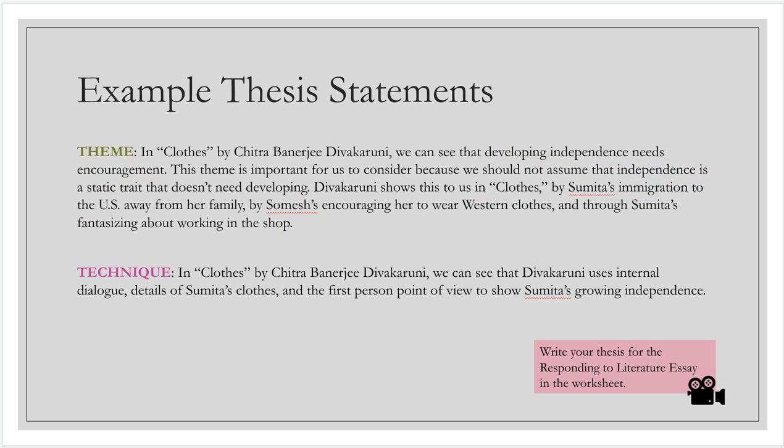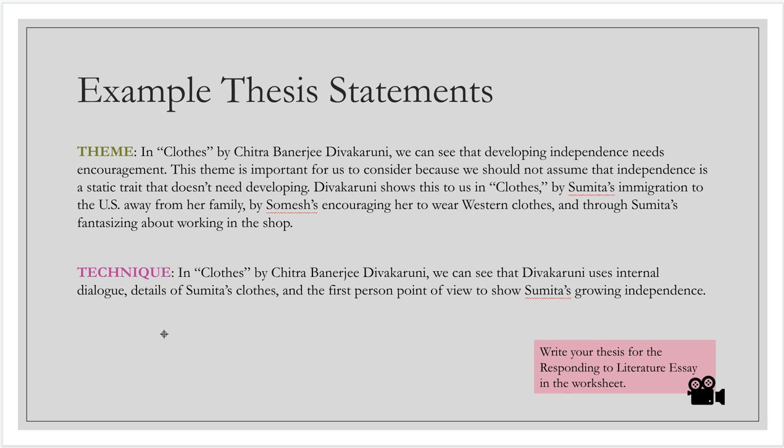Now, if we were to do technique, this would be how we could write a thesis. In Close by Chitra Banerjee Divakaruni, we can see that, I'm not 100% sure how to say her name, but I believe it's Divakaruni, uses internal dialogue, details of Sumita's clothes, and the first person point of view to show Sumita's growing independence.